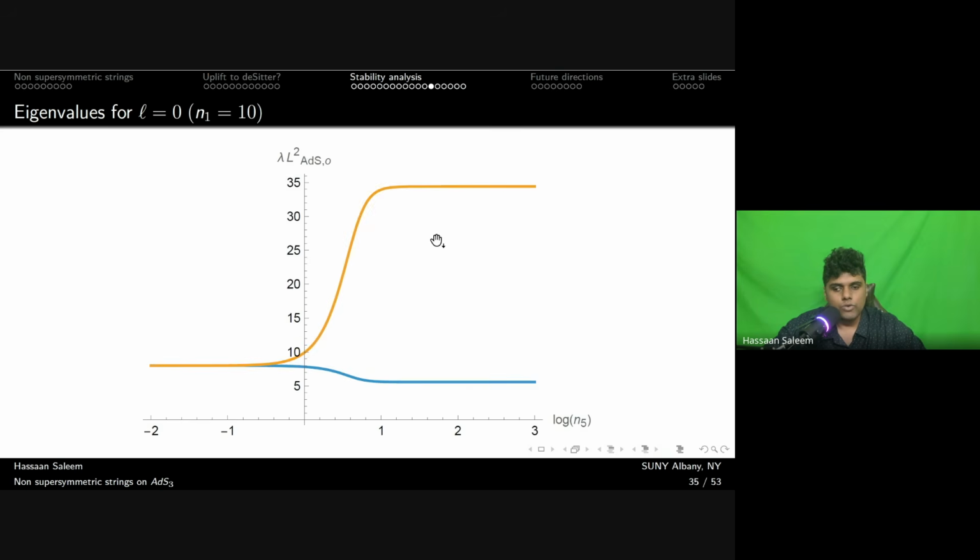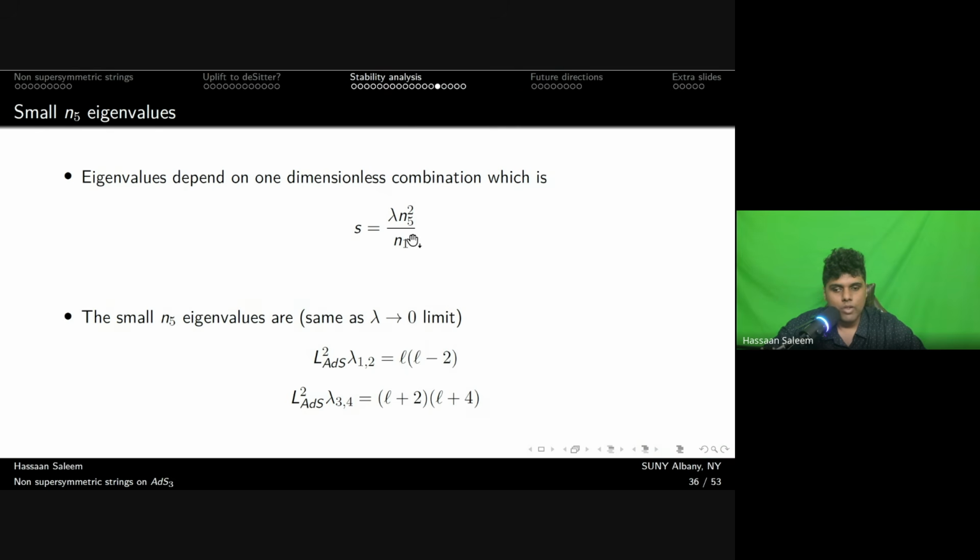So if I want to know what value the eigenvalue saturates at for small N5, you can see that small N5 behavior is the same as small lambda behavior because you just need to make S small, right? But lambda comes from one loop corrections. And if lambda is 0, it means that there is no one loop correction, which means that you again have the tree level solutions.